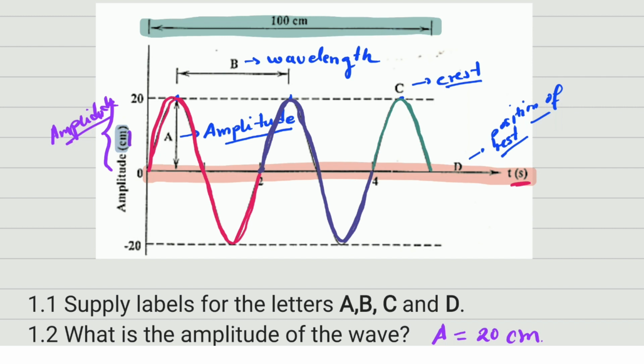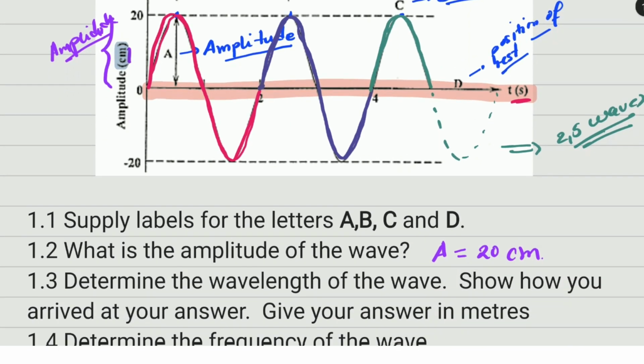Note the following: there is something missing. If you move here, you will have the rest of the wave. So what we represent here is just half a wave. So how many waves are there? There are 2,5 waves.